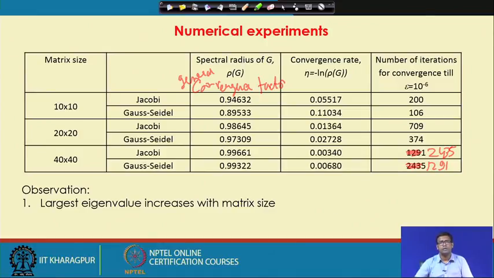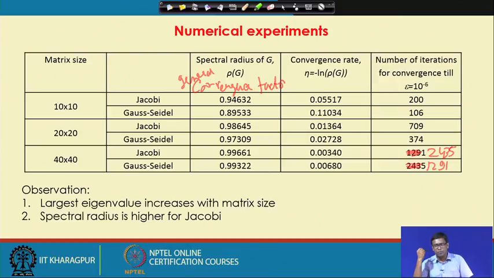For the 20 by 20 matrix the largest eigenvalue is more, and because the largest eigenvalue increases, the spectral radius also increases and the number of iterations is more. The spectral radius is higher for Jacobi than Gauss-Seidel, and when proposing Gauss-Seidel, almost intuitively you propose that if we can use some of the updated values, the iterations should converge faster.